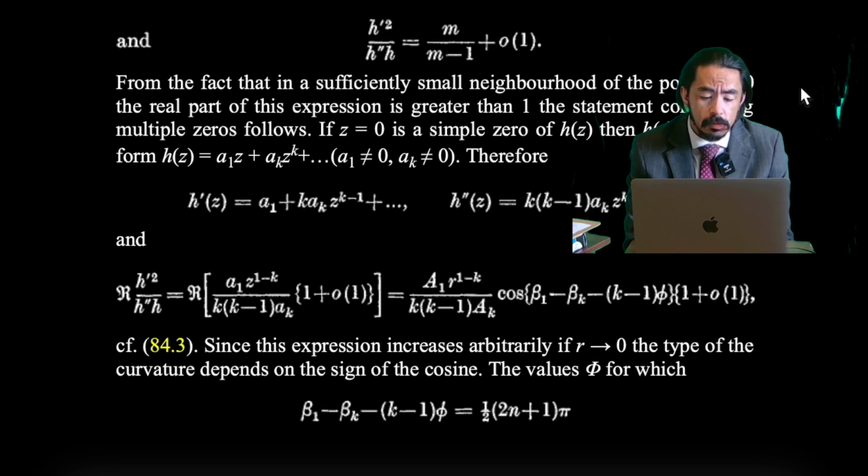So since this expression increases arbitrarily if r approaches 0, the type of the curvature depends on the sign of the cosine.